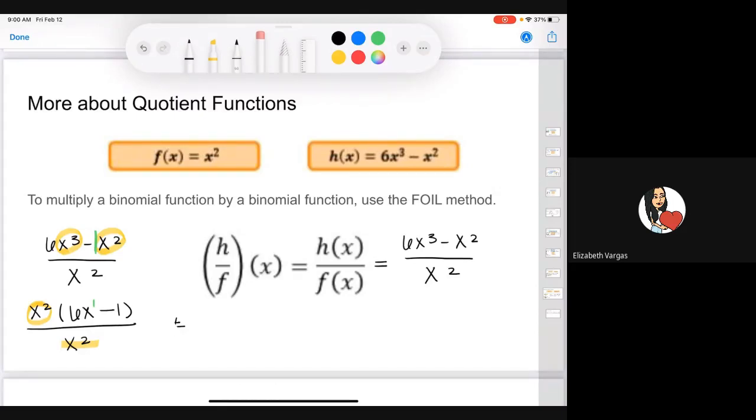Oops, sorry. That's not what I meant to do. The bottom half was f(x). And there I would find my resulting function after doing the division of those two functions. Anyone have any questions?